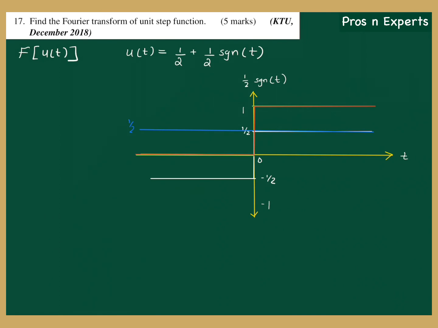And what is this red signal? What do you call this? It is nothing but u of t, the unit step function. So whatever I have written, u of t equal to half plus half signum of t, is correct. If you have a clear idea on this, let us move forward.